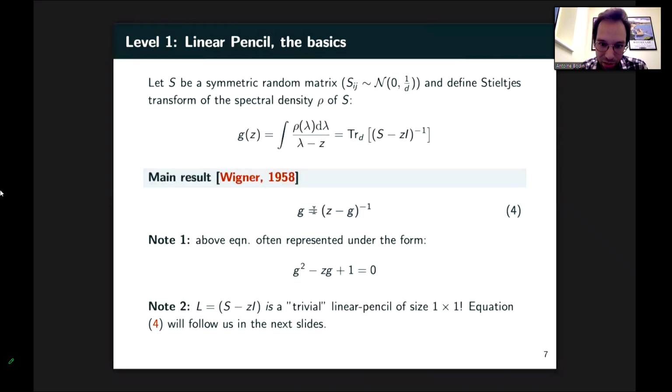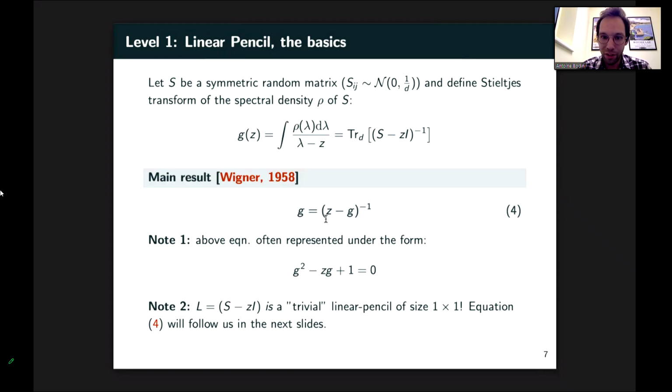But here I give it to you in a very specific form, g equals (z minus g) to the minus 1, because as you will see, it's the primitive form of the linear pencil method that I will describe later on. In fact, you have to think of it as a linear pencil, but a very trivial one of size 1 times 1.